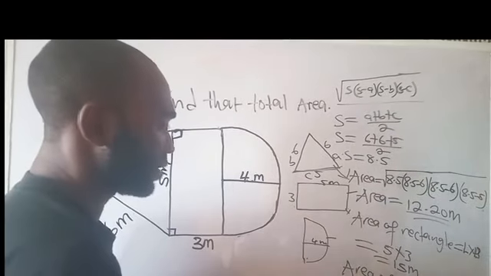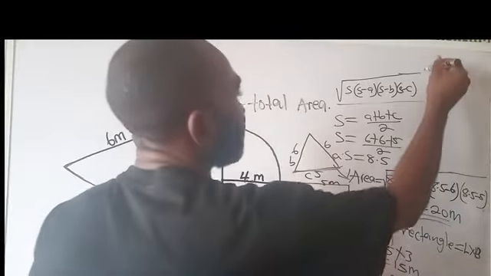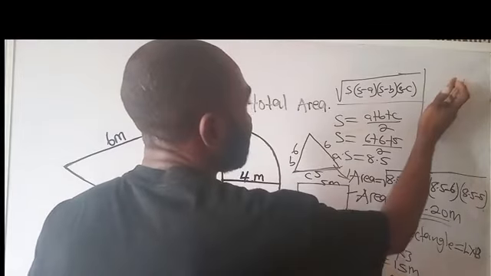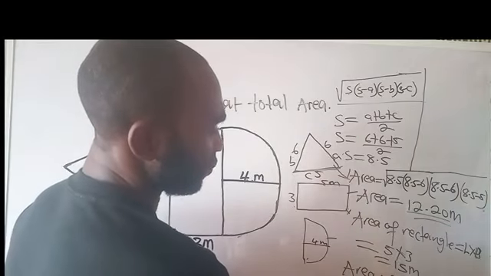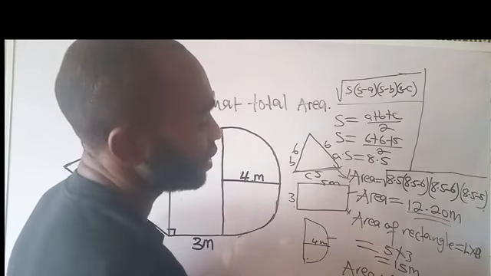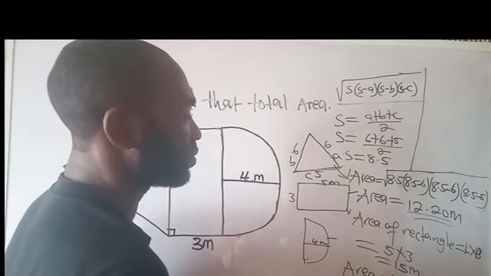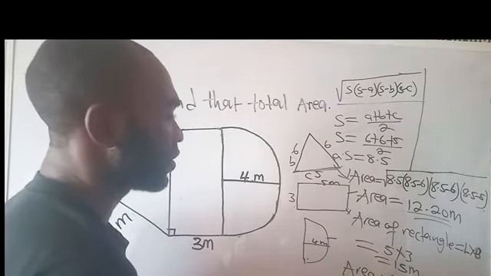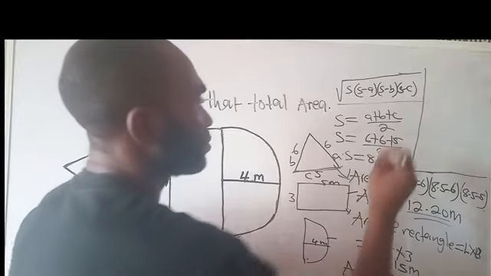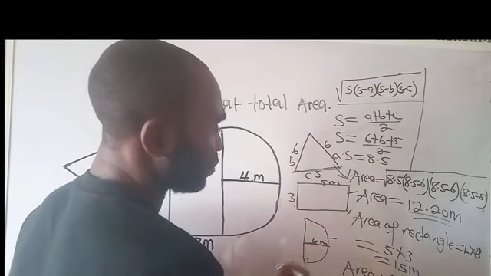You know the area of a circle is pi r squared, so if you have a semicircle, we take half of it. The radius of this semicircle is 4.